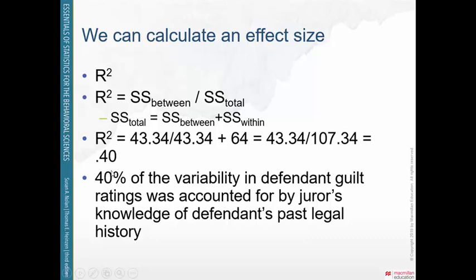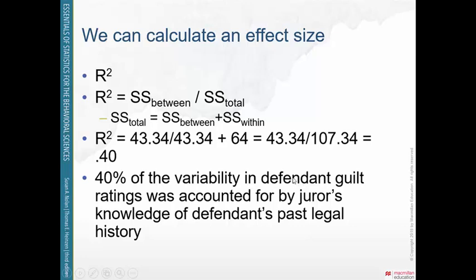How you interpret this effect size is that we say this, and this is the sentence you just sort of have to memorize. 40%, that's 0.40, right, becomes 40%, of the variability in defendant guilt ratings was accounted for by the juror's knowledge of a defendant's past legal history. 40% of the variability in whatever the dependent variable is, that goes here, right?